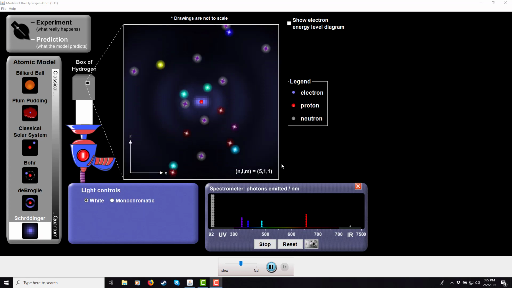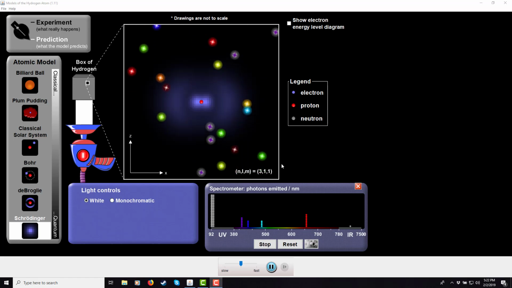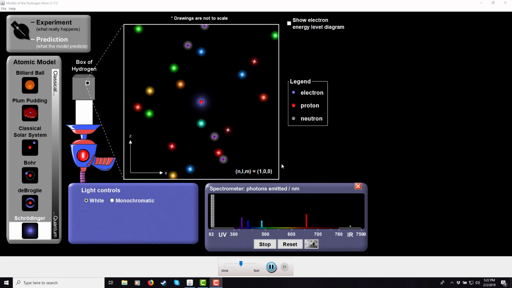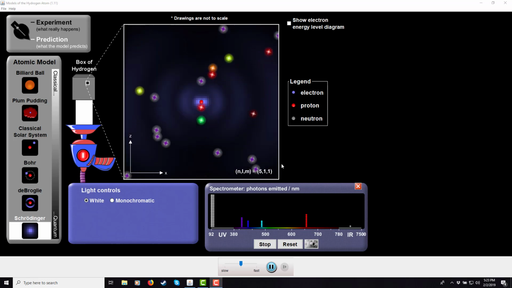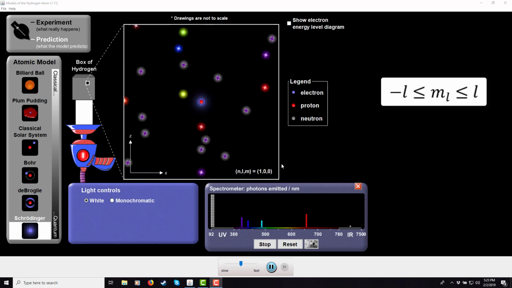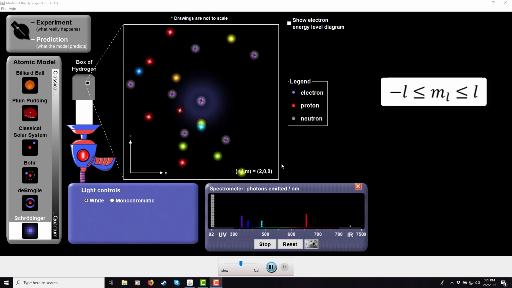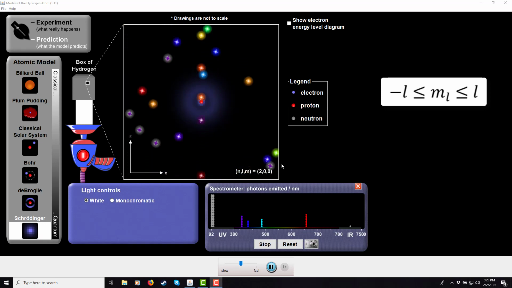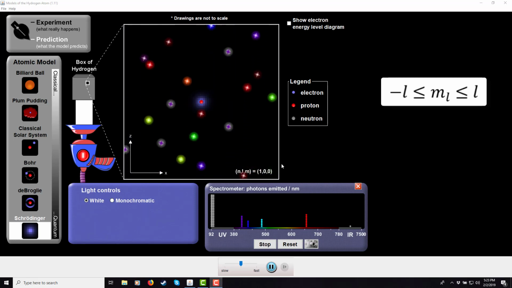Now, these are going to be associated with a number, and it's going to follow that 1, 3, 5, 7 pattern. So for L equals 0, M sub L can only equal 0. For L equals 1, then M sub L is going to be minus 1, 0, or 1. You're going to see a pattern.